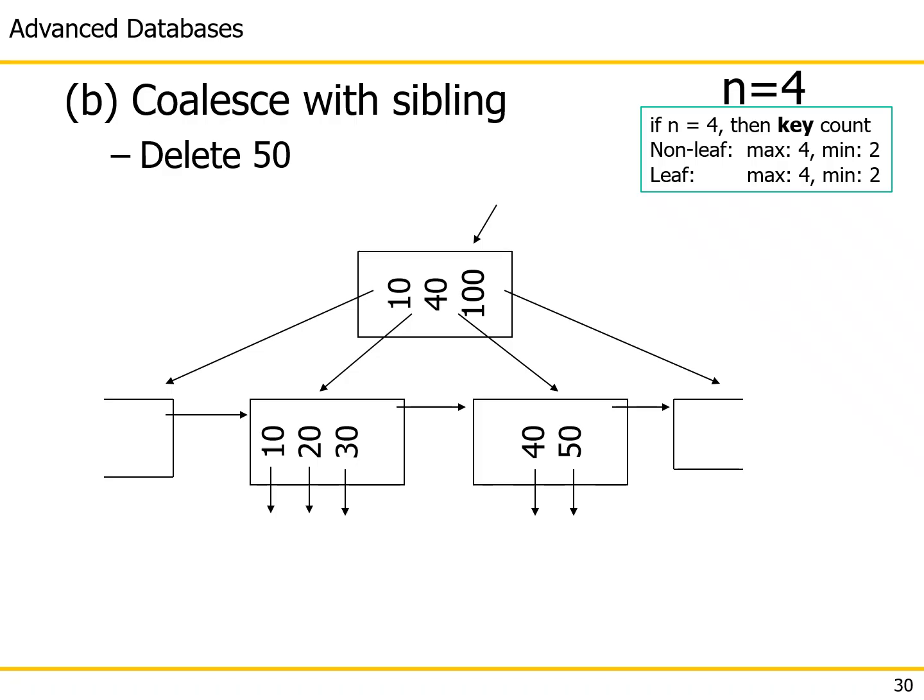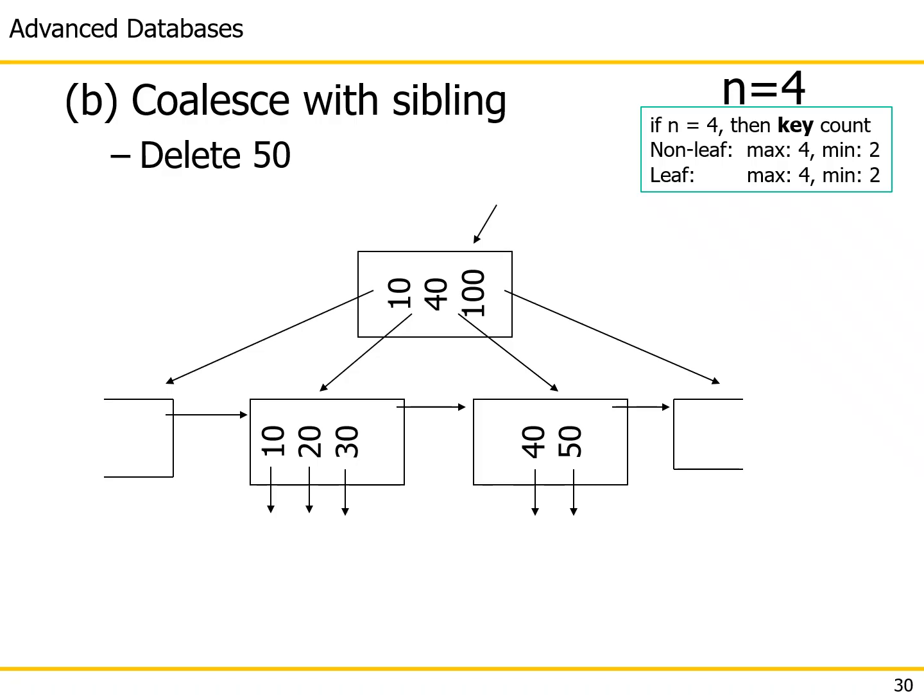Now, my goal is to delete 50, but I have a minimum number of keys that I must respect, and the minimum is 2. So I can't just remove the 50 and leave the 40 alone. I will indeed need to delete the 50 because this is what I'm after, but then I have to fix the situation of the 40. I can't leave the 40 alone.